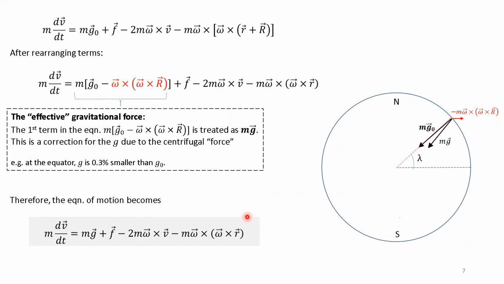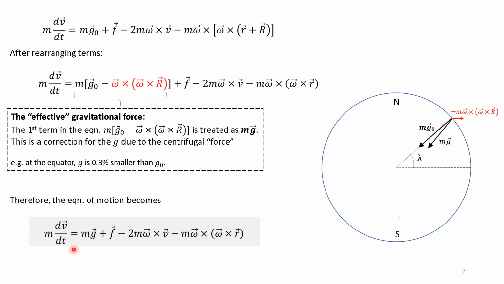Try to go home and fill in all the details again, but for now just accept that this is the equation of motion that we'll be using, and go back and review the derivation later.